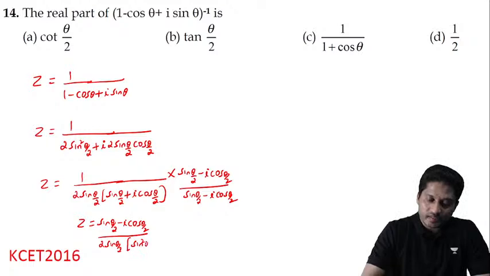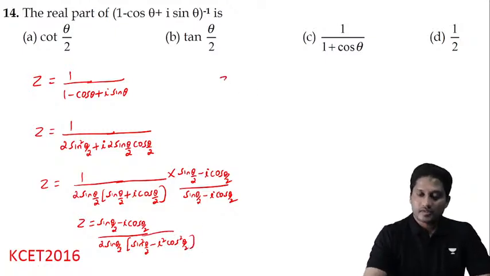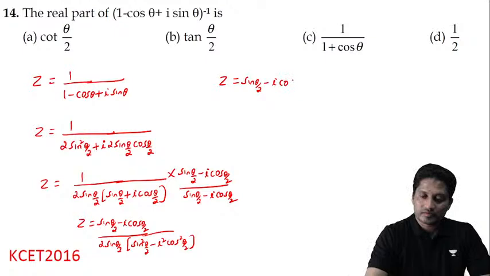So this is sin square theta by 2 minus i square cos square theta by 2. i square is minus 1. This becomes z is equal to sin theta by 2 minus i cos theta by 2, whole divided by 2 sin theta by 2.